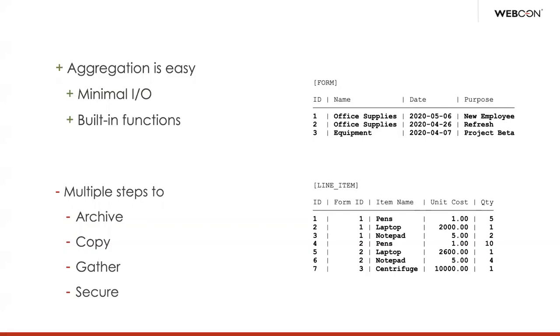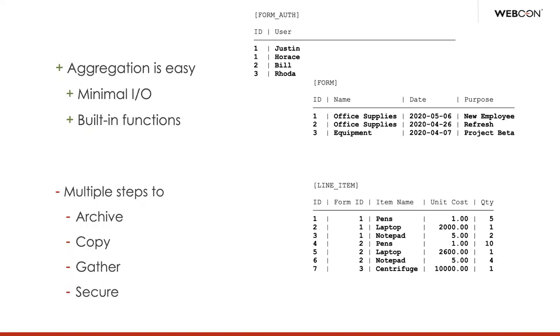Look, let's take securing this. I want to make sure only a couple of people can see form number 1. Well, what do I have to do? I need to create another table to contain who's allowed to see which document. And I can't let somebody query the table directly. They'll see everybody's documents.